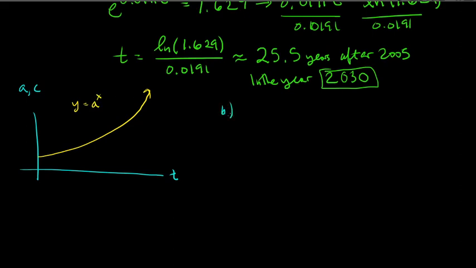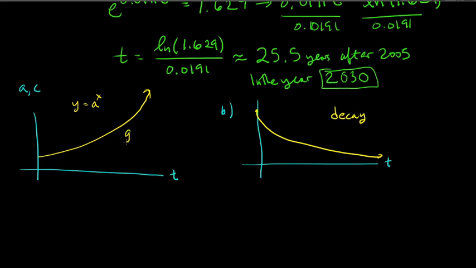But in part B, that was a different problem because there we started out with some amount of, I believe it was sodium, some radioactive isotope of sodium, and then over the next few hours, that amount decreased, right? So this is what's called exponential decay. This is exponential growth. And the difference was the exponent, right? If you have a growth rate, you might have, I believe it was 1.91% growth rate in this problem.